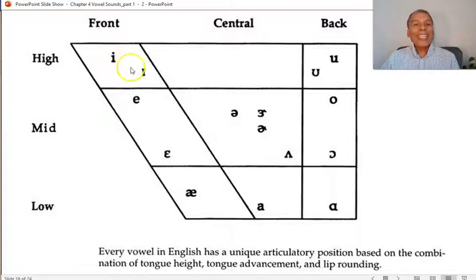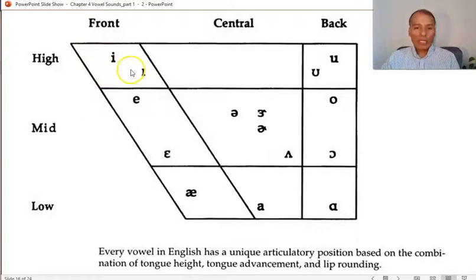Both the E and I are high, they are front, and so high front sounds, both of them. And then the E is tense and the I is lax. Both of these are unrounded.